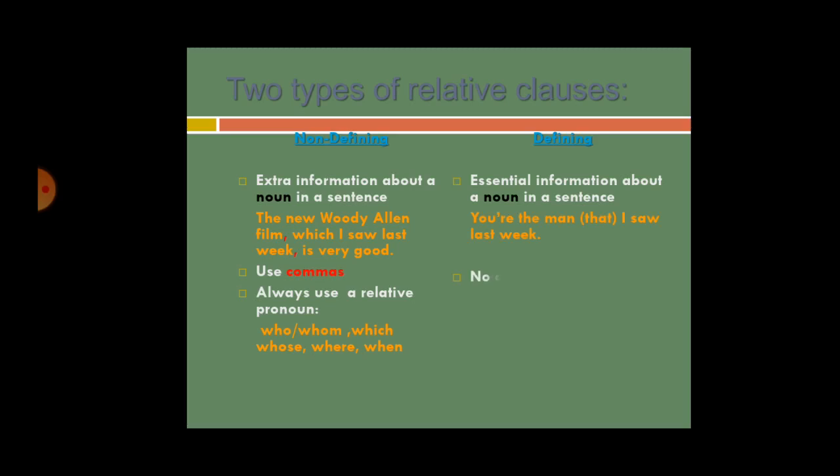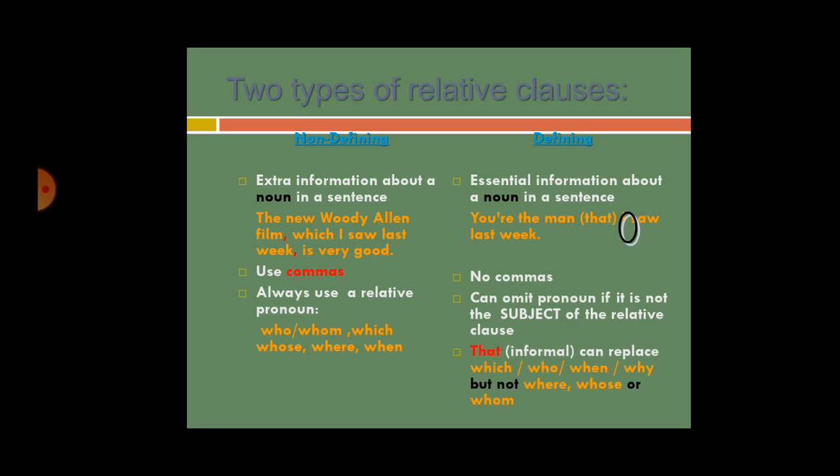Here no commas are there. Secondly, you can omit the pronoun if it is not the subject of the relative clause. The word in the bracket, that, is informal and can replace which, who, when or why, but not where, whose or whom.